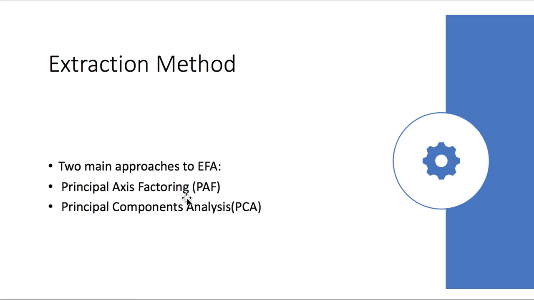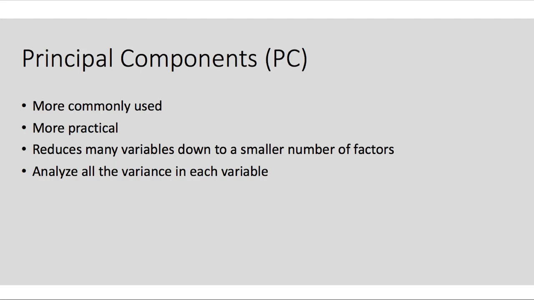Firstly is principal axis factoring, PAF, or principal components analysis, PCA. The PCA is more commonly used and practiced. It reduces many variables down to a smaller number of factors, and it analyzes the variance in each variable.